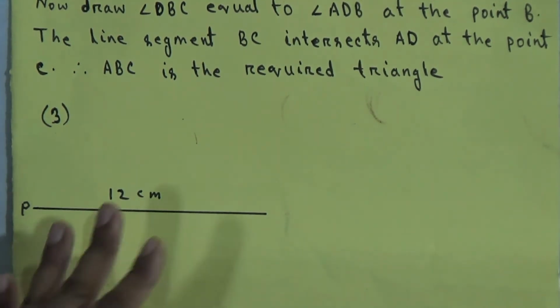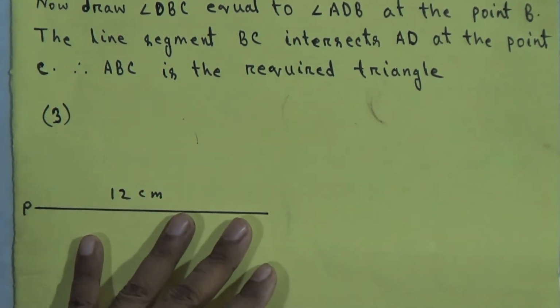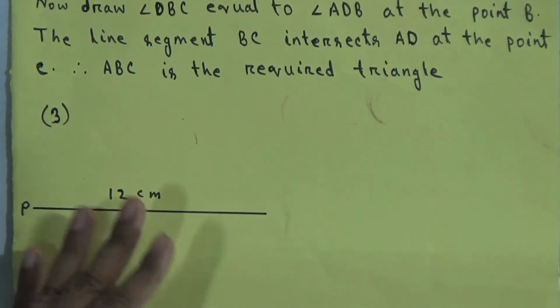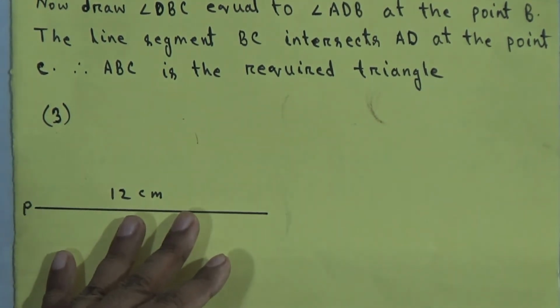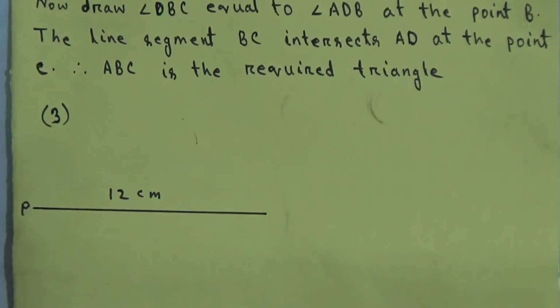So if we divide this line segment into 4 equal parts, then we can get the length of each side of the square. So at first we will divide this line segment into 4 equal parts.